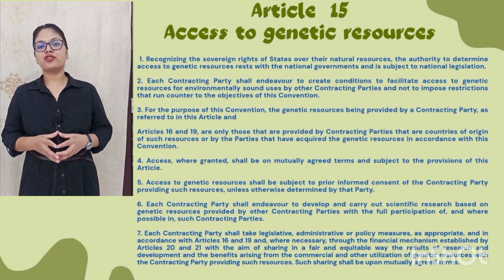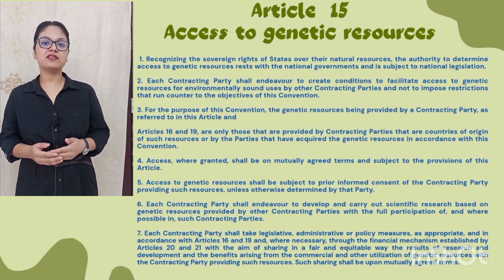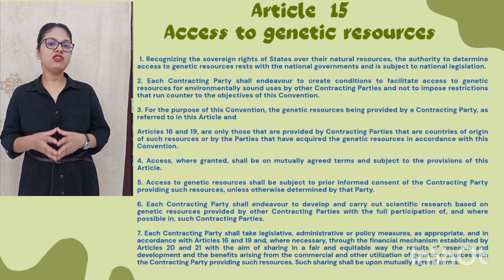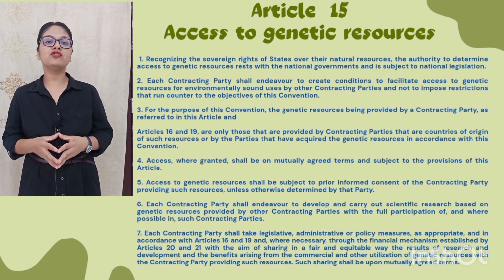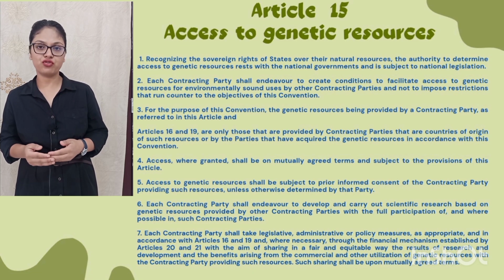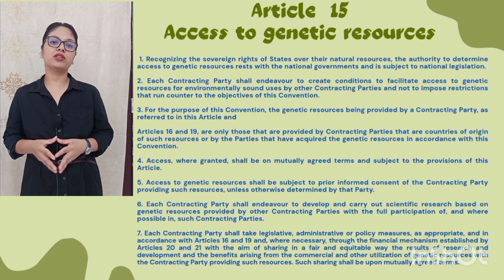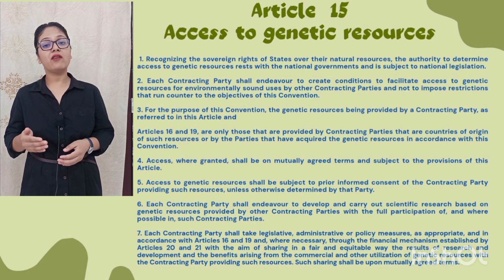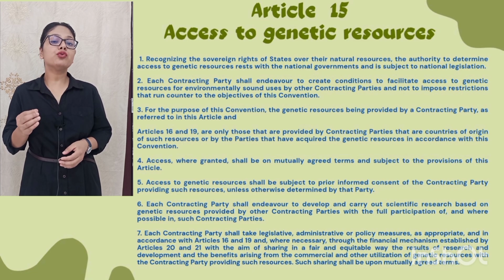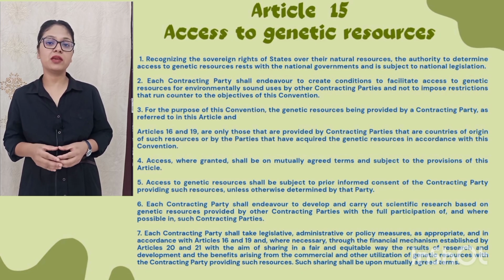Article 15 talks about access to genetic resources. We have already discussed about genetic resources and its importance. Now, each country needs to frame rules and regulation with regard to give access to genetic resources, because each contracting state has a sovereign right over their natural resources, so they have the sole authority to decide whether to give access or not to give access and under what condition access can be given.